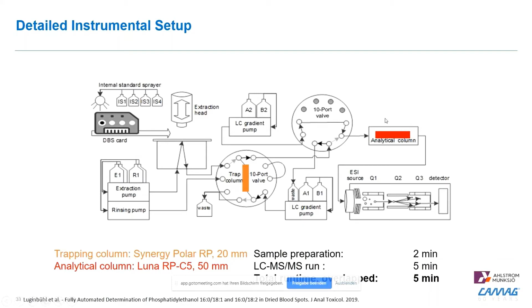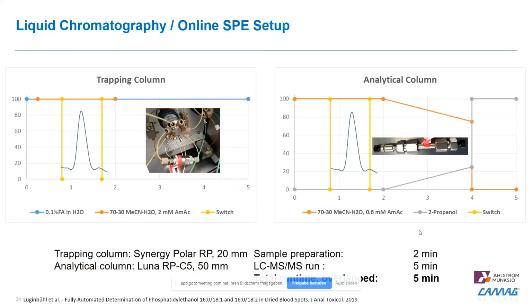While this separation takes place, we already wash the extraction head and can clean the trap and load the next sample onto the trap. This means that we have sample preparation of 2 minutes, LC-MS run of 5 minutes, and by overlapping, we have a total runtime of about 5 minutes for the sample analysis.